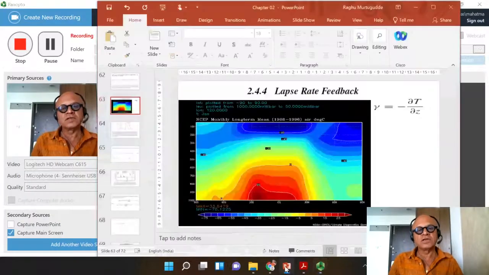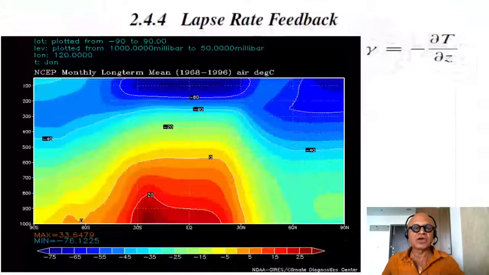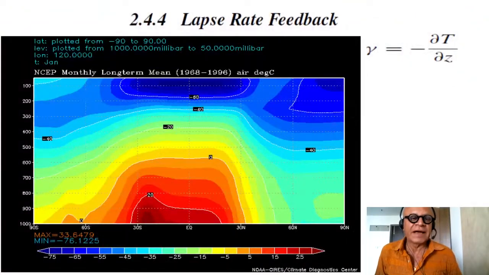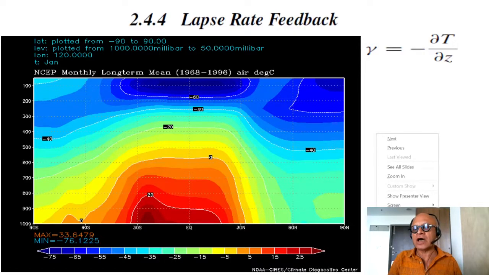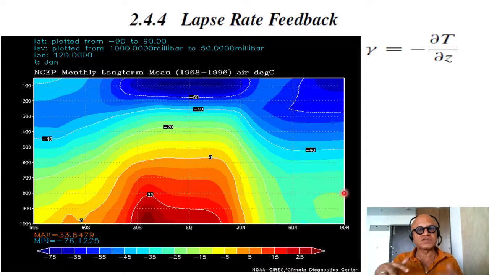Okay, so let's conclude this chapter by looking at the last important feedback among the major feedbacks. Remember, we haven't done any vegetation feedback and others. So lapse rate feedback is basically related to how the vertical structure of the atmosphere itself changes with perturbation to radiative forcing, like the anthropogenic greenhouse gases.